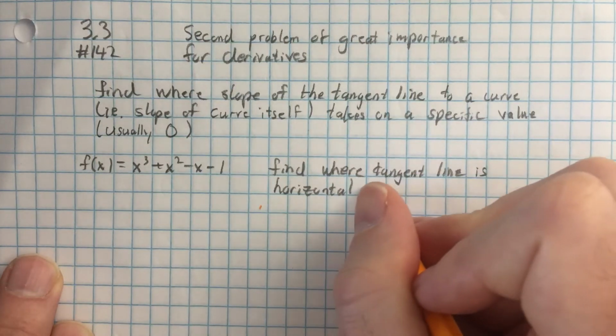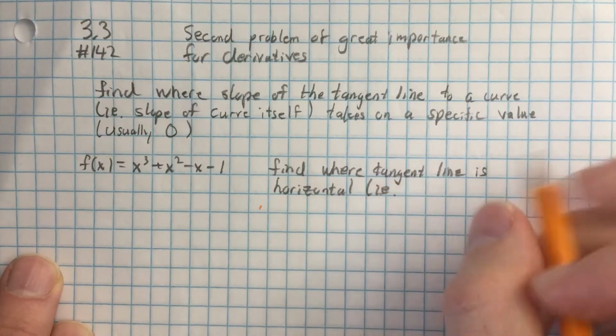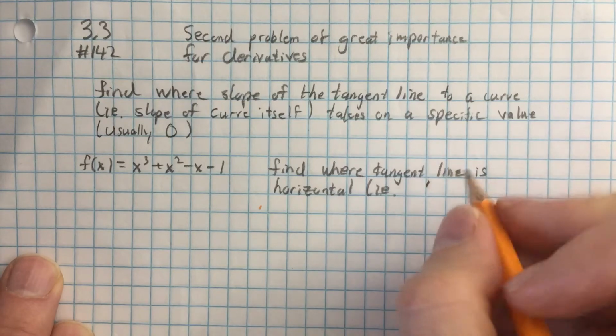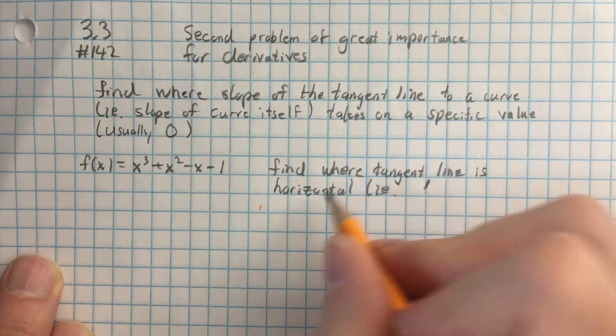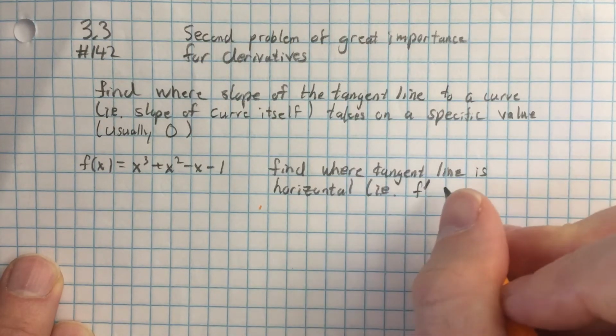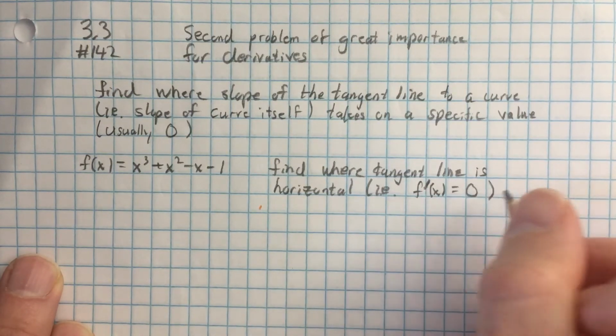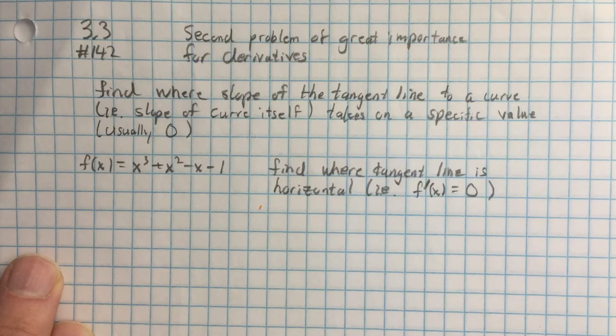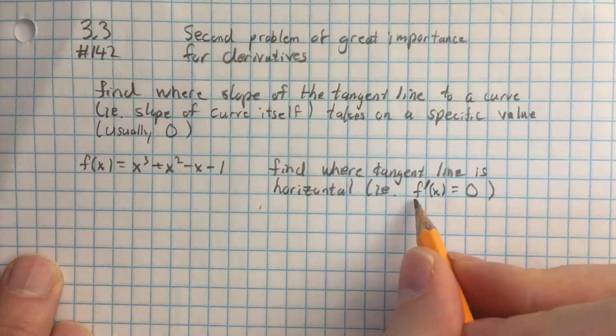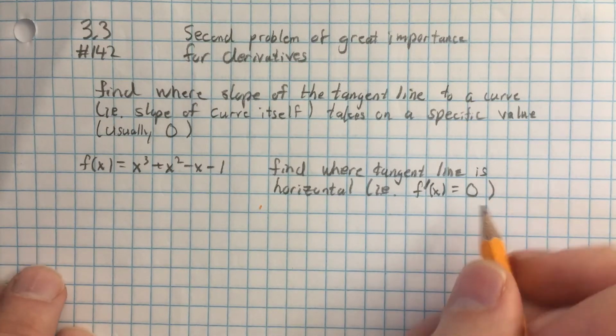So what would that mean? I.e., slope, right? For a tangent line to be horizontal, the slope of the tangent line, the slope of the curve, must be a value of 0. Okay? Every horizontal line has a 0 slope. So we simply need to take the derivative and set equal to 0 and solve.